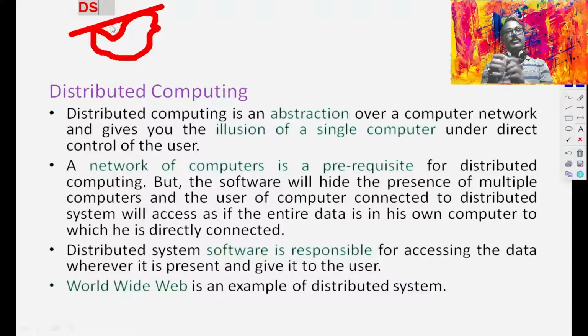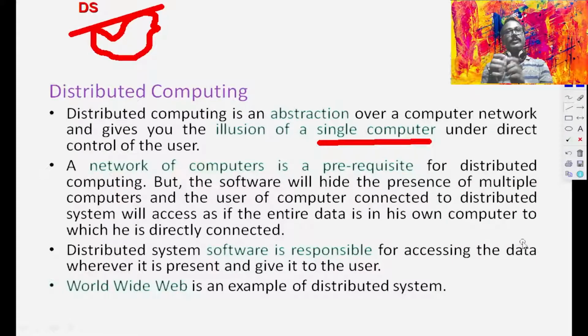It gives you the illusion of a single computer. That means you will be accessing the information as if it is present in your own computer.